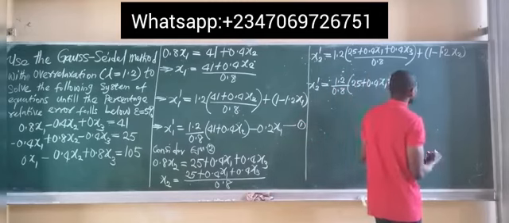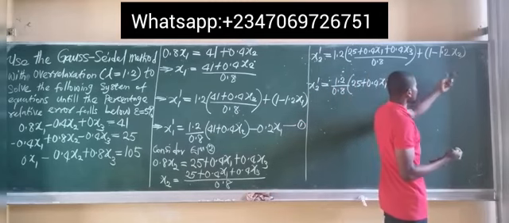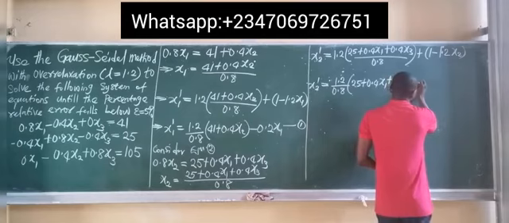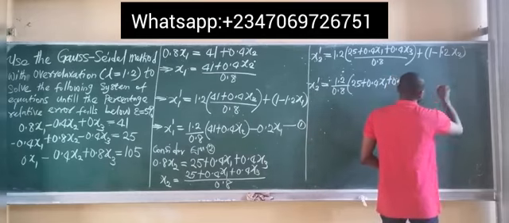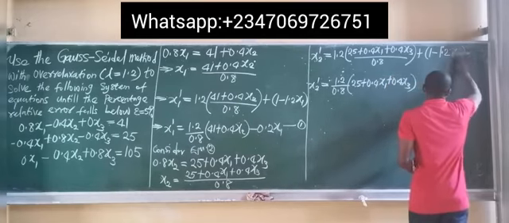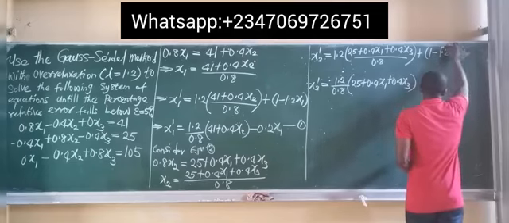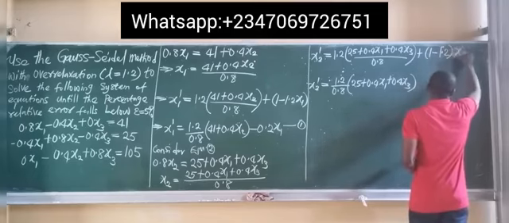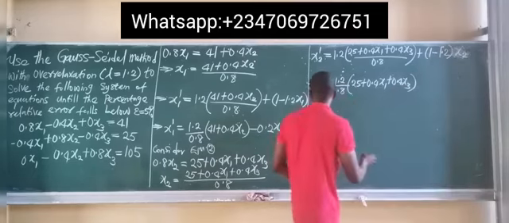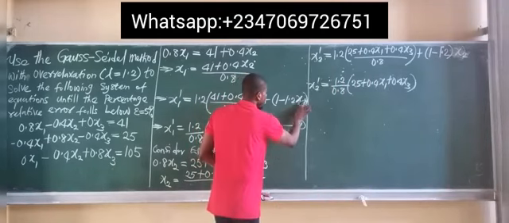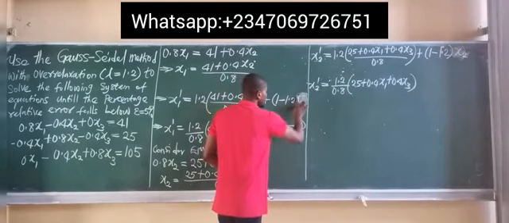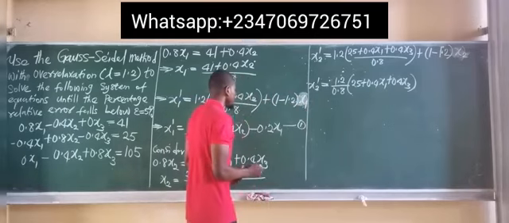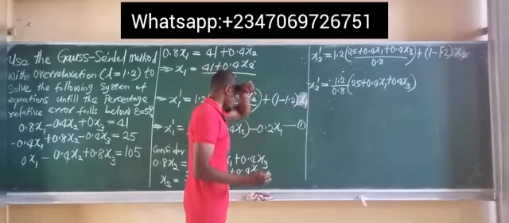Now take note, 1 minus 1.2 will simply give us minus, please, this is actually 1 minus 1.2 x2, so you don't mistake it. This is also 1 minus, take note of this, please. This is actually 1 minus 1.2 x1, so that you can subtract.